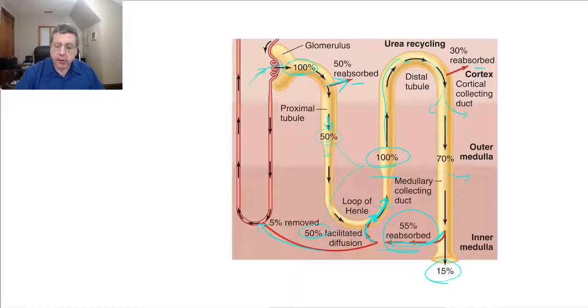Urea is filtered, 50% is reabsorbed in the proximal convoluted tubule. The remaining 50% goes through the loop. On the thin segment of the ascending limb, urea is secreted into the tubular fluid to bring us back up to that 100% quantity.